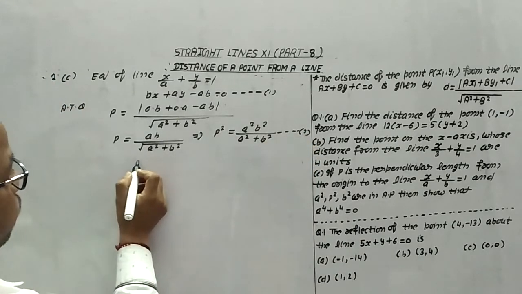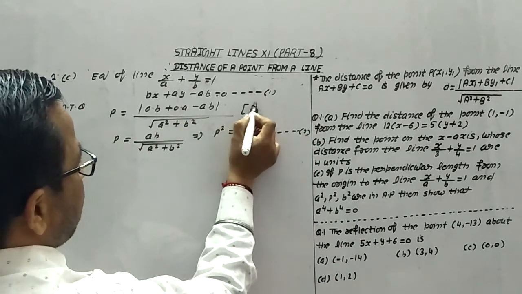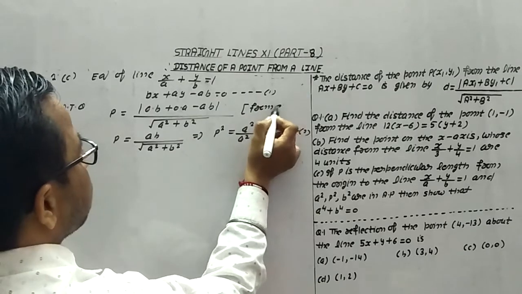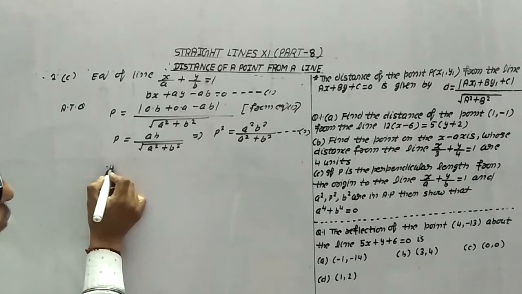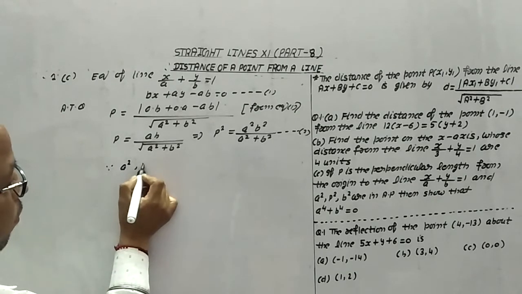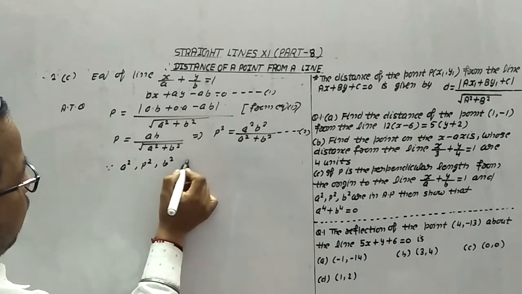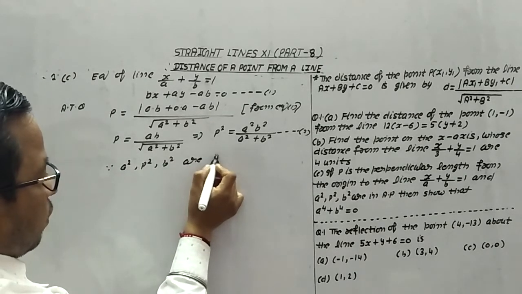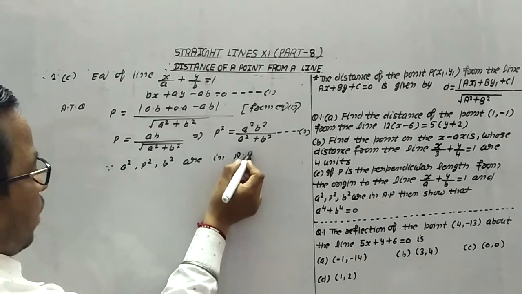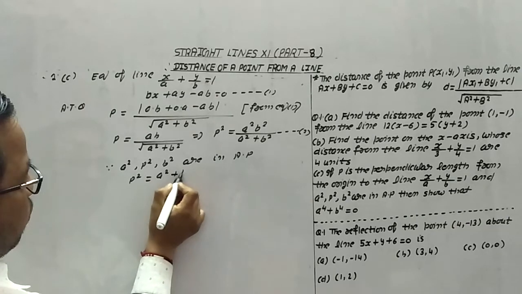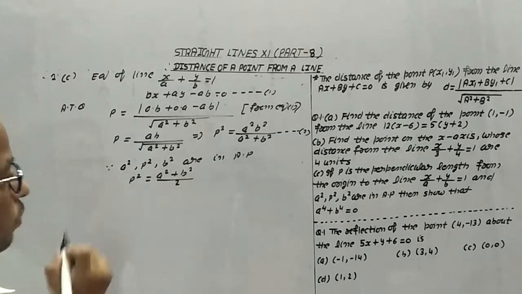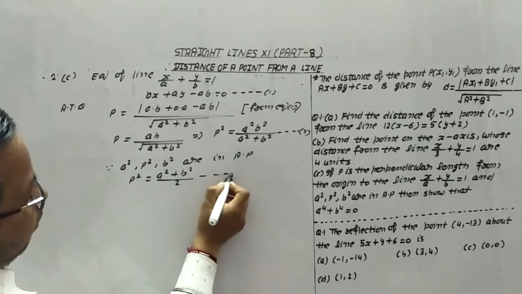Now you will ask how this part is coming. This is coming from equation number 1 by applying this relation. Now, because a square, p square and b square are in AP, and once these terms are in AP, you know very well p square is equal to (a square plus b square) upon 2. This is equation number 3.